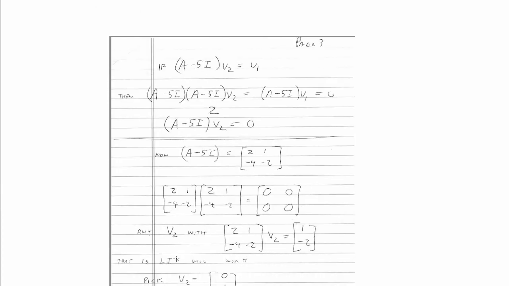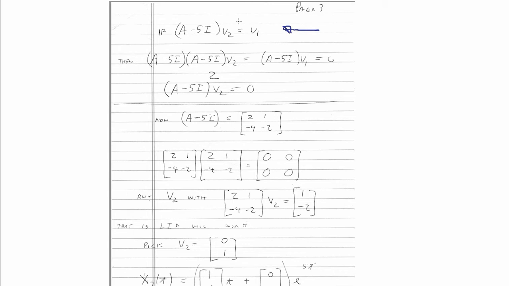Notice in the next part that we need v1 to be in the image of A minus 5I applied to v2. Then we arrive at the algorithm on page 397. Watch this.